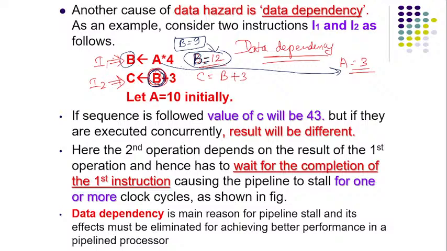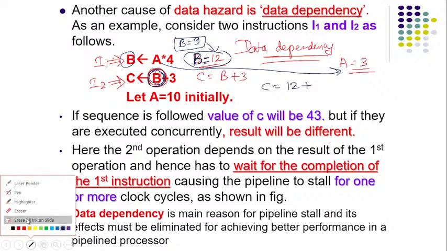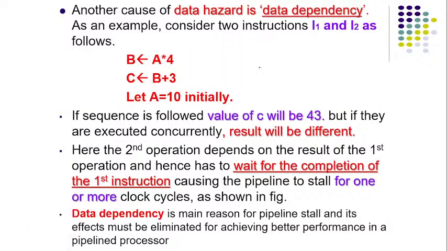Then c is supposed to come as b plus 3. If a is equal to 3, then b कितना होता है, 12, and c is supposed to come 15, then this is correct.